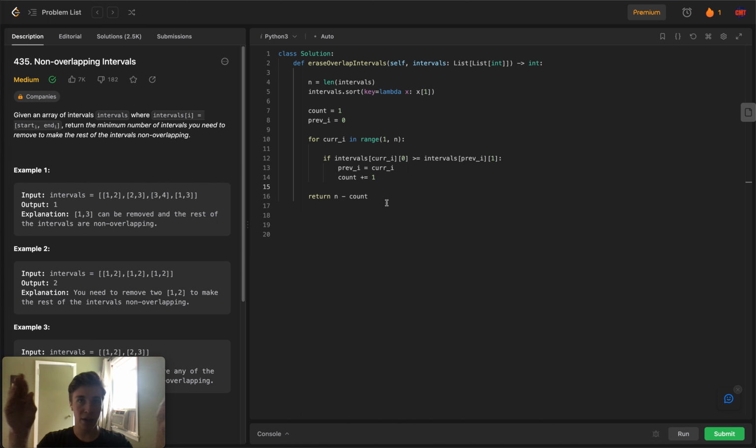Because then, as I'm iterating over the intervals, I am always looking at the next possible interval that I can either add or exclude, meaning that the ones I've already iterated over have already been either included or excluded.